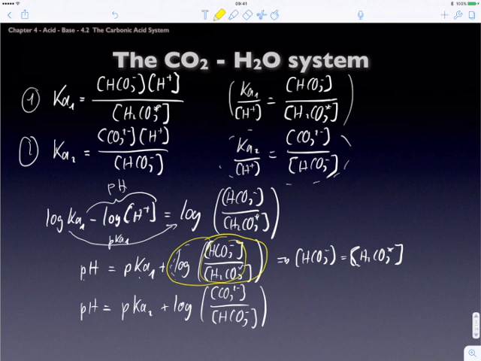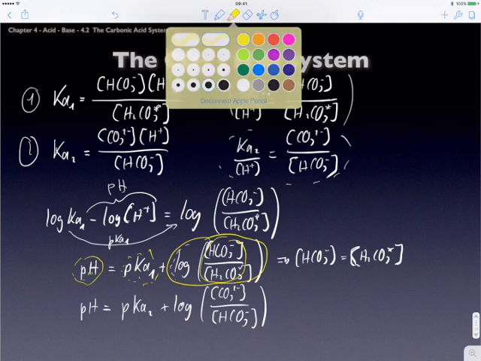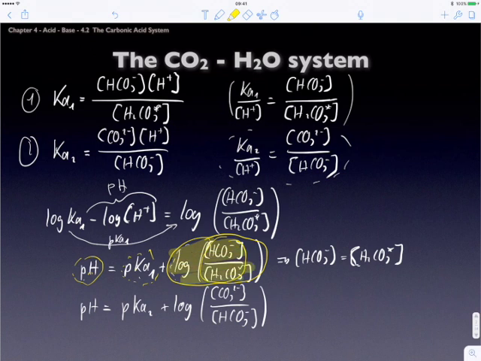And if pH is smaller than pKa, I mean this value is smaller than this one, so this one is bigger than this one, then this log part here must be negative, because this pKa1 is bigger than the pH. So to have this equality here, you have to have pKa1 minus something.